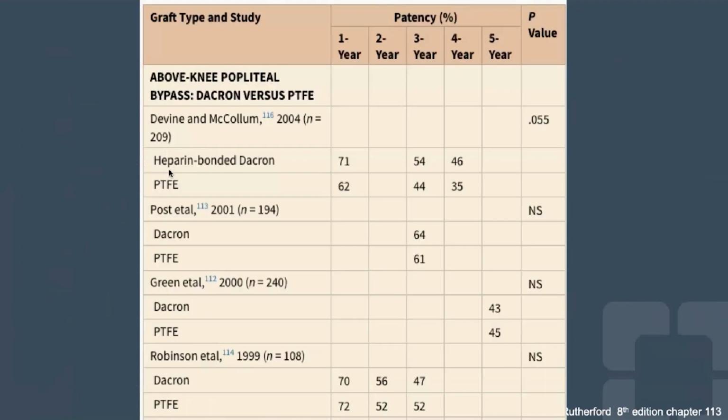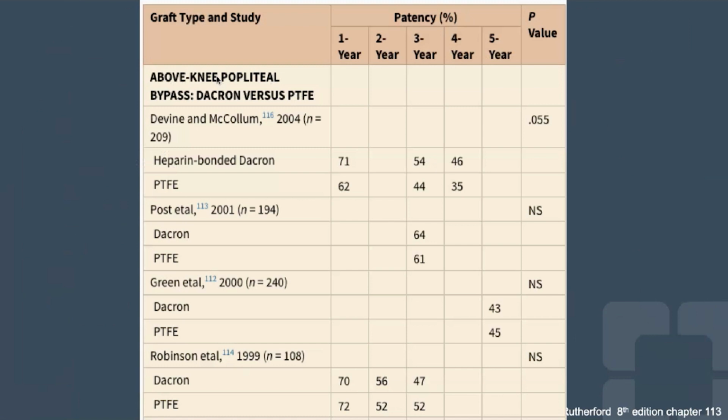These are some graphs or charts I pulled from our Rutherford 8th edition, looking at the difference between conduit choices. In the above knee, there's been a lot of debate. Some people will just prefer to put a PTFE bypass in a patient above knee because it's a lot easier. You don't have to harvest vein. And there are some studies that suggest similar outcomes.